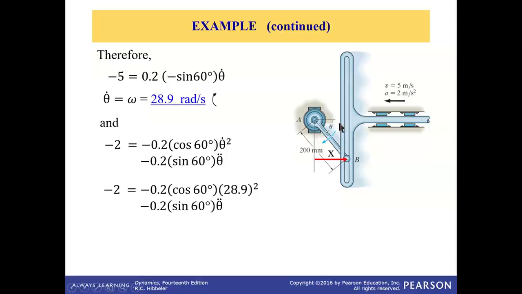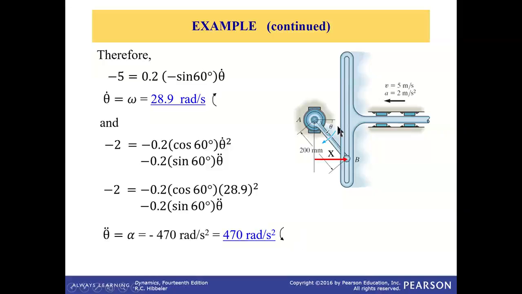You can see that from the figure as well, where it is indicated to go counterclockwise. Similarly, you can calculate the angular acceleration theta double dot, and you will get a negative number. That means it goes clockwise, 478 radians per second square.